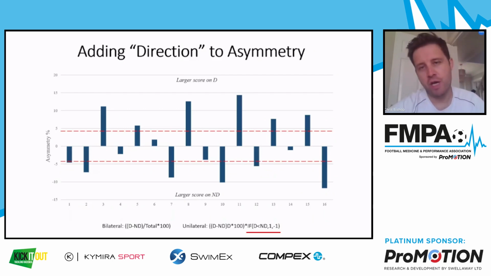And that's because if we can't always guarantee that the dominant limb will always produce the larger value, then the denominator, which is the thing that we divide the difference by, will essentially change the outcome.